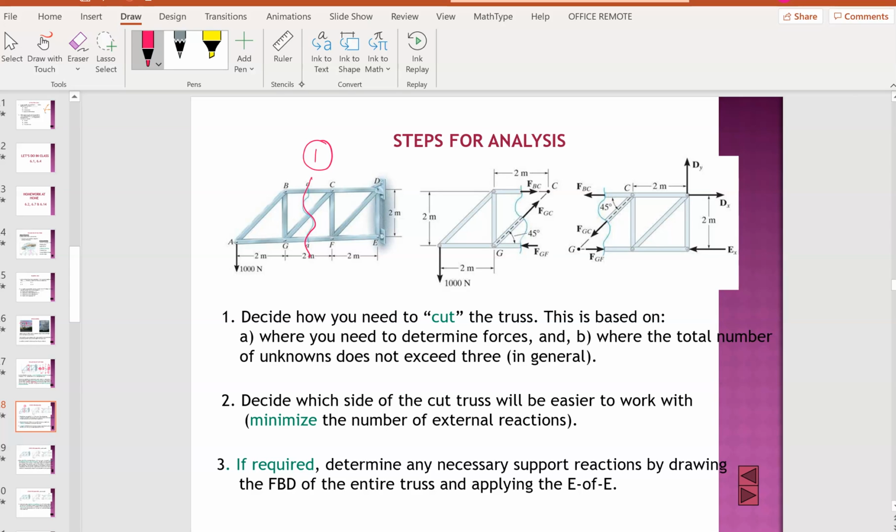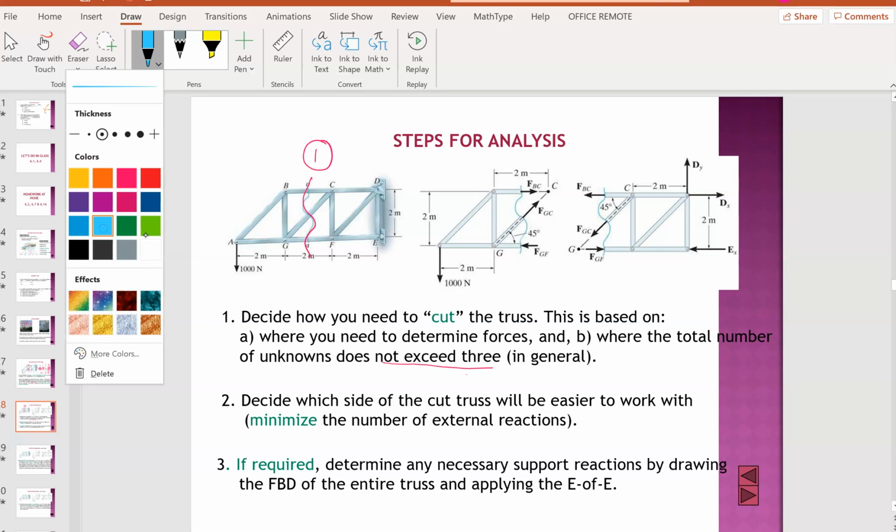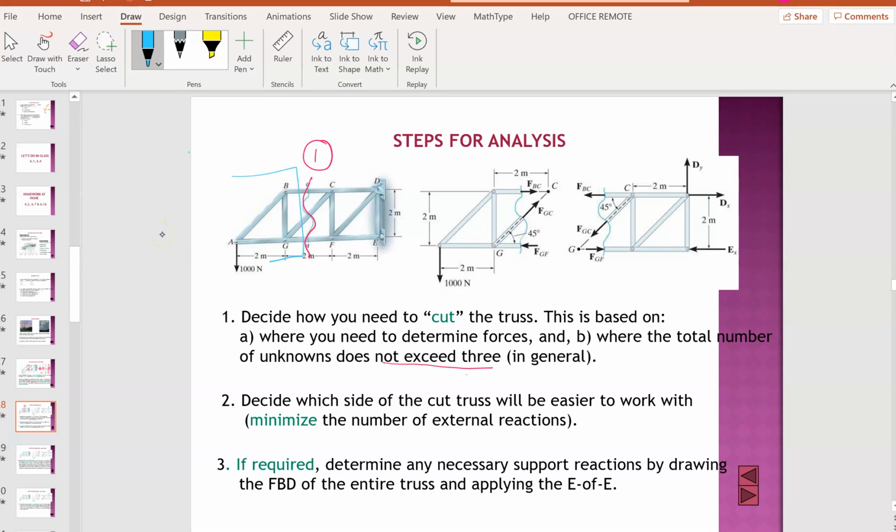Usually that's what we keep in general, not exceeding 3. Then decide which side of the cut will be easier to work with. For example, in this part you can work on either side. Take the one that's least complicated. If required, determine any necessary support reactions by drawing the free body diagram of the entire truss.